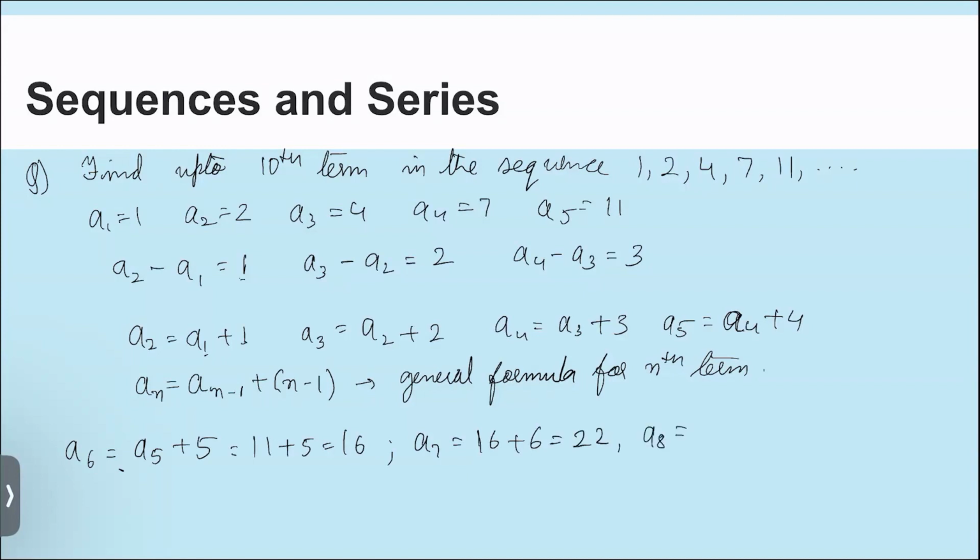A8 will be A7 plus 7, so 22 plus 7 is 29. A9 will be A8 plus 8, so 29 plus 8 equals 37. And your A10 would be A9 plus 9, so 37 plus 9 equals 46.